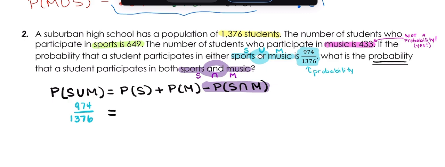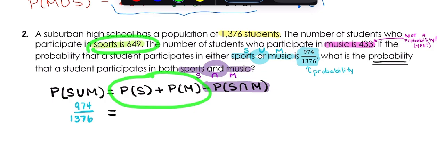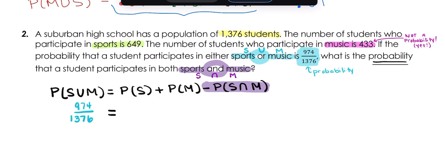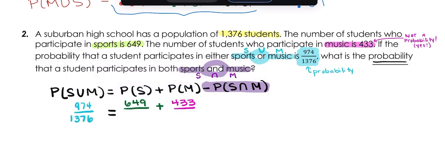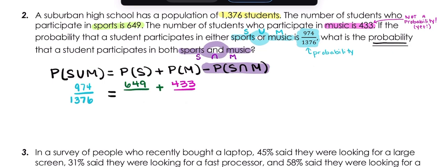So that's nice. But the next two values, the sports and the music numbers, are not written as probabilities. They are only given to us as numbers. But we can easily turn those into probabilities by putting them over the totals.